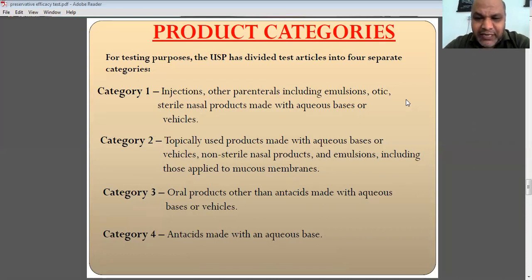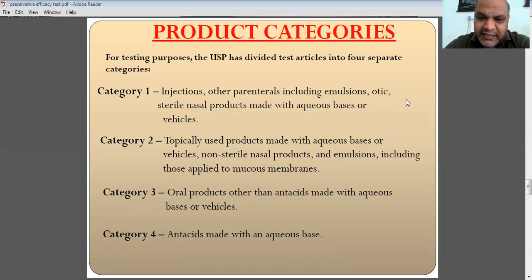So all these types of products as well as articles are microbiologically tested for their preservative efficacy under category 2. Category 3 includes oral products other than antacids, which are made with aqueous bases or aqueous vehicles.